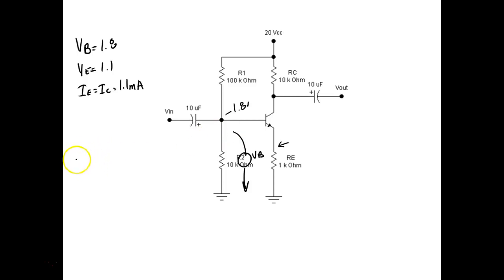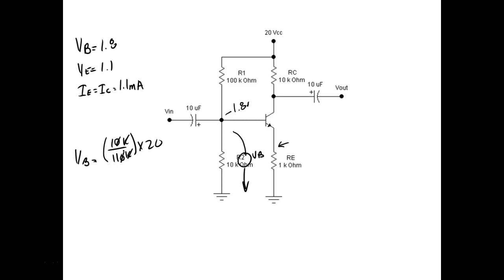So VB would be equal to, using the voltage divider formula, 10K over 110K times 20. And we can knock off these zeros, so it's 1/11 times 20 volts. So that's where the 1.8 came from.